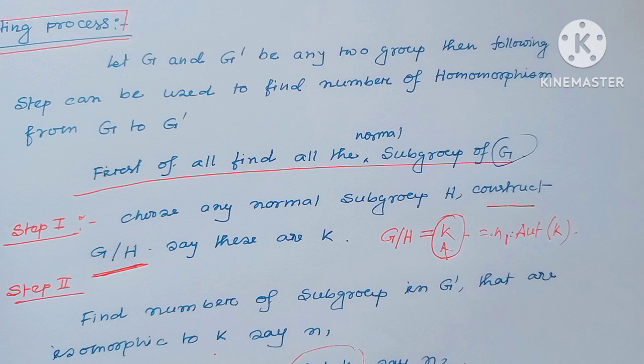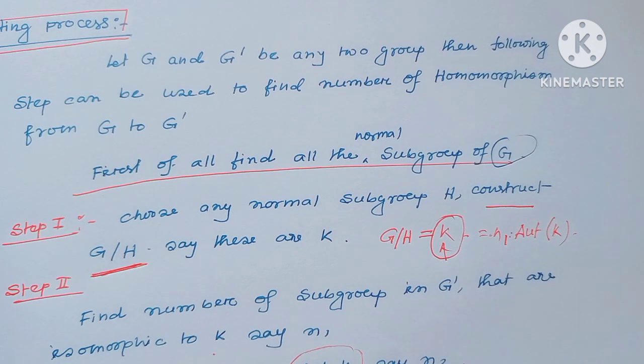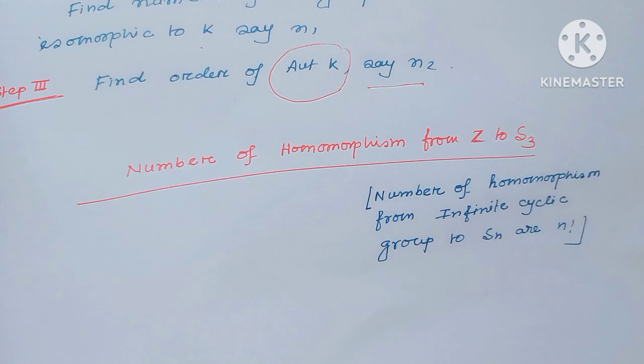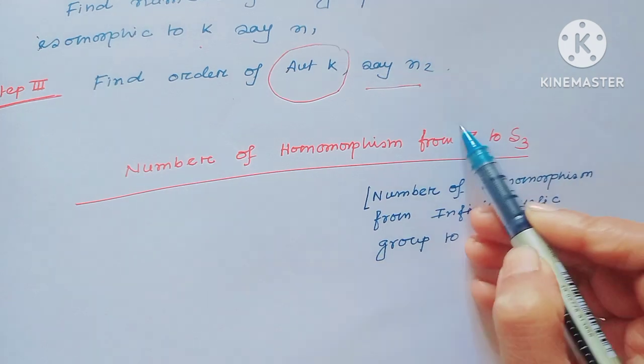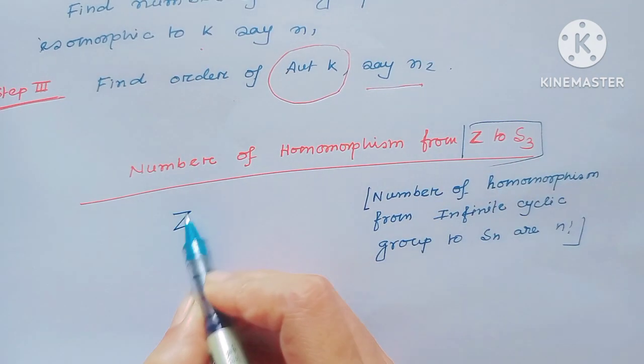In my previous video I defined this type of question briefly. For example, the number of homomorphisms from the group Z to S3.